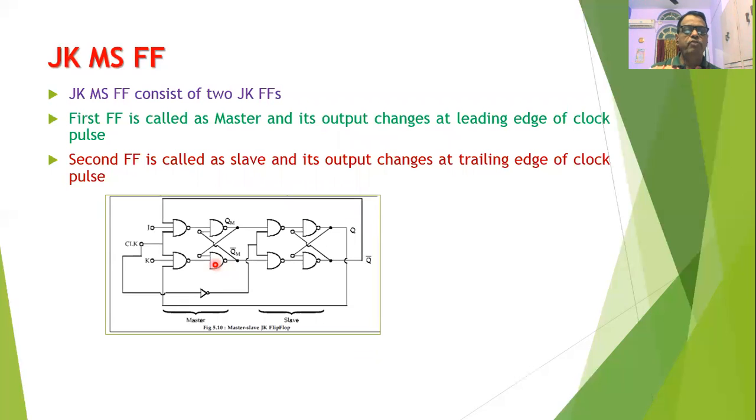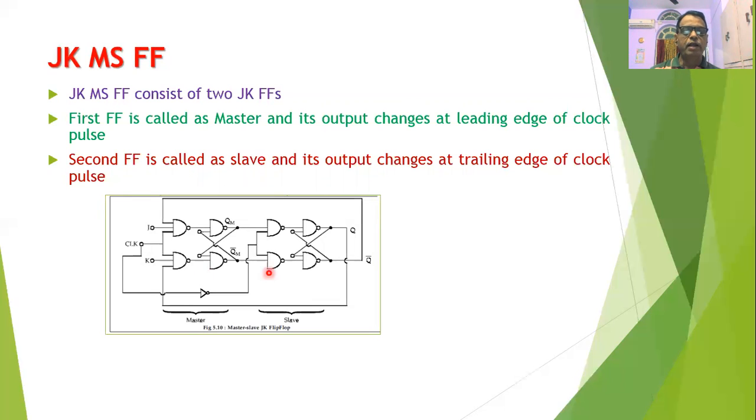As shown in this diagram, by using NAND gates, we can construct the JK master slave flip-flop, where you can easily observe that the clock pulse is directly applied to the first part of the flip-flop, which is called the master. And the clock pulse is applied through a NOT gate to the second flip-flop. Therefore, the output of the first flip-flop will change only during the positive edge or leading edge.